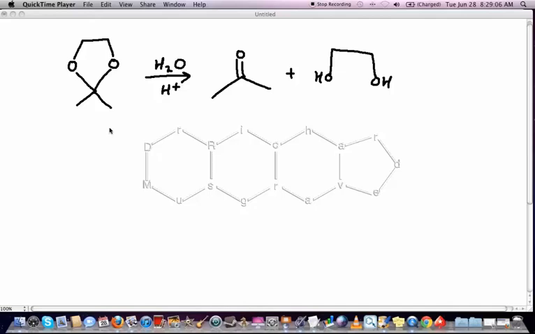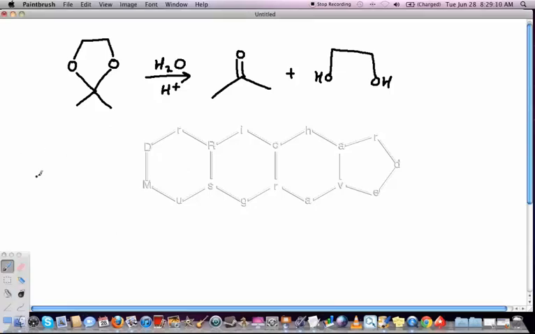So let's take a look at how the mechanism works on this one. Alright, so the first step will be the H plus adding to one of the oxygens, it doesn't really matter which.